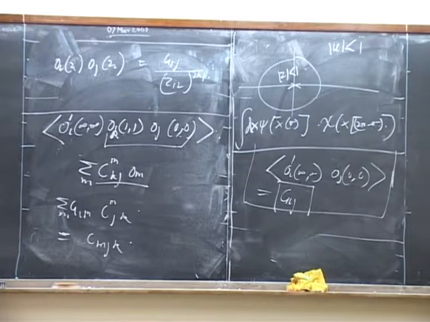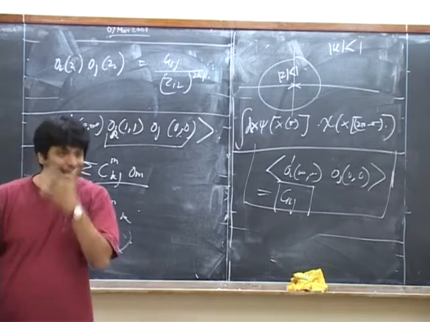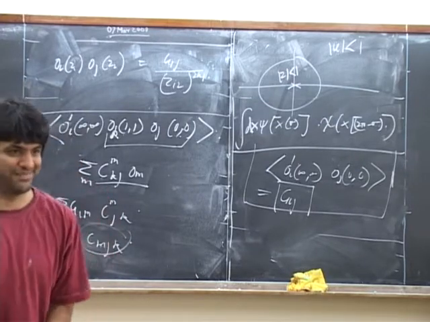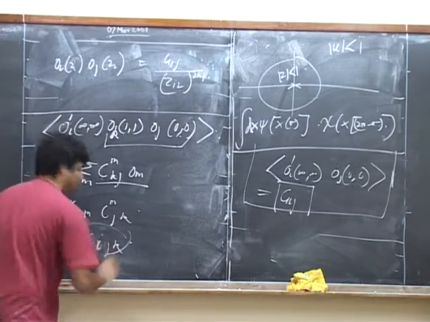Now, exactly as in our discussion for 2-point functions, you can regard these C_IKJ as characterization of 3-point functions.